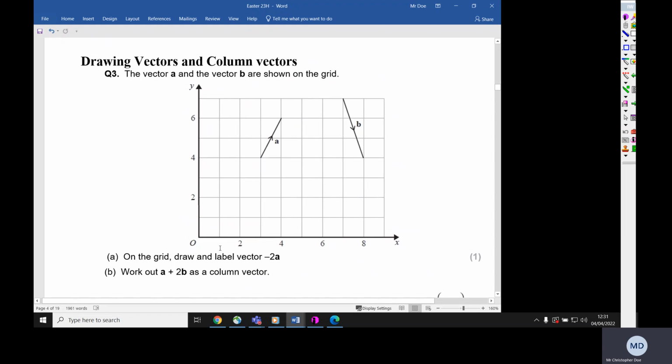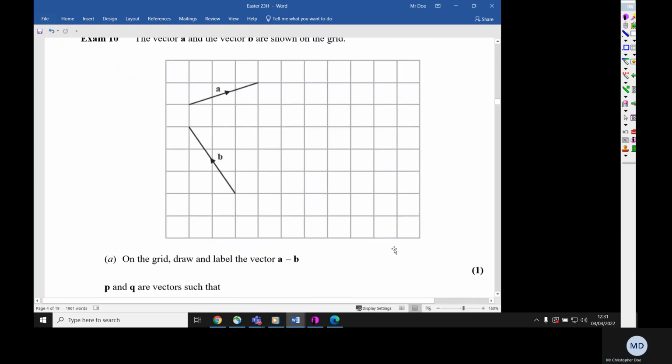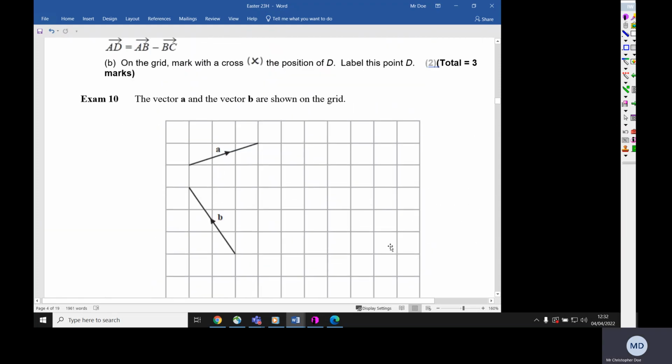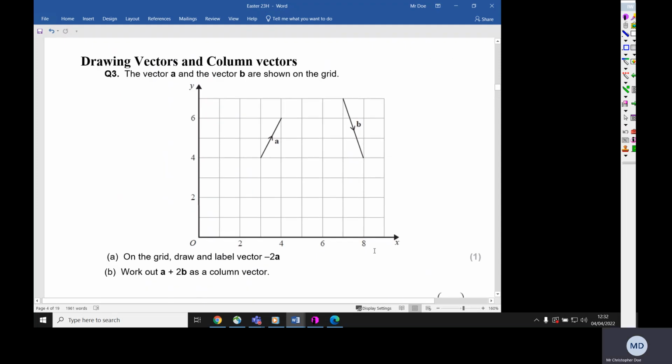However, not many people got 3 out of 3 for this. So obviously I confused you a little bit. So I've put down maybe 3 questions for us to do. That was the exam one, I think. Question 10. I'll be honest, I think quite a lot of you got 0 for this question. It was question 10, so it wasn't supposed to be impossible.